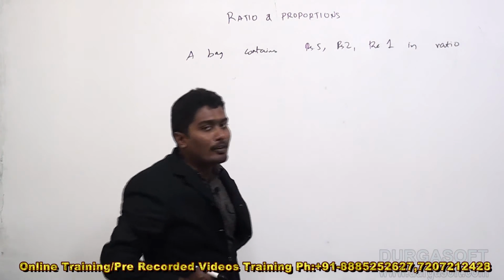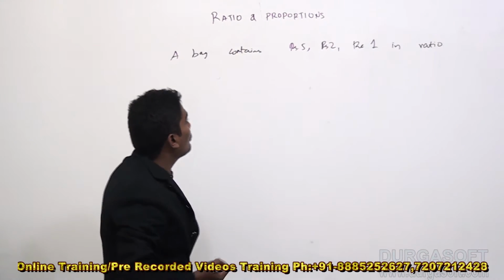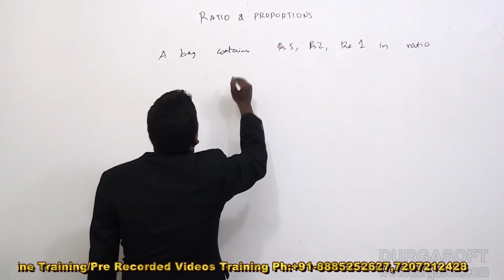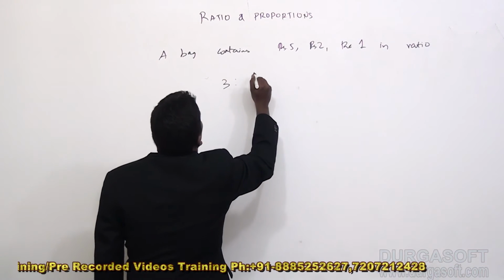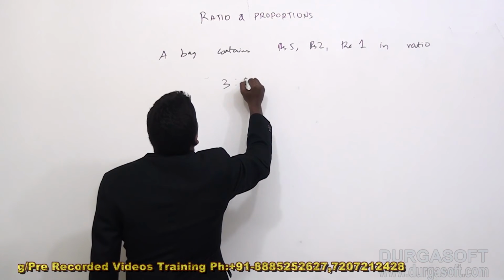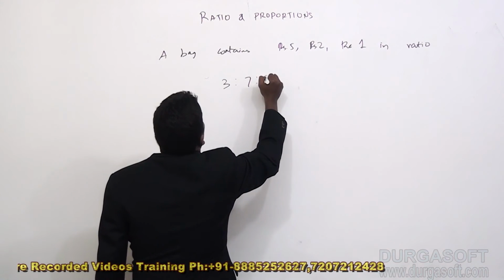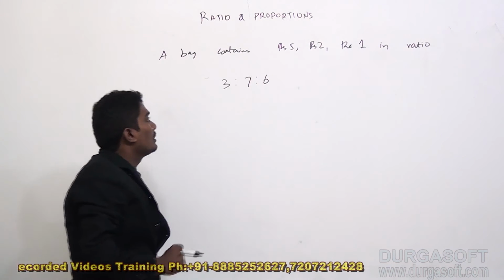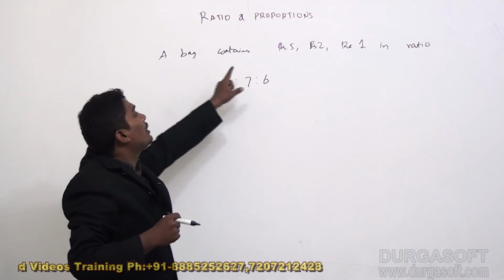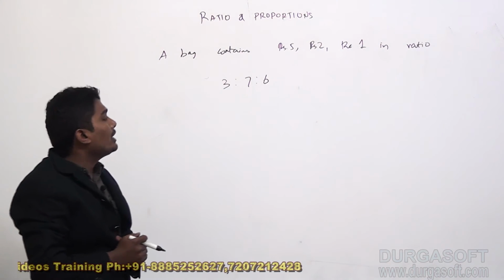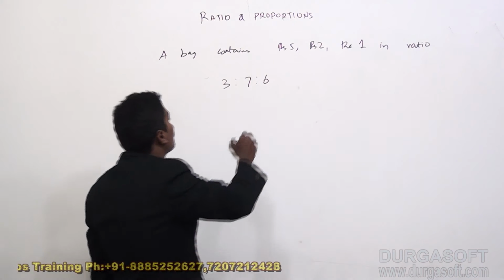A bag contains 5 rupee coins, 2 rupee coins and 1 rupee coin in the ratio 3:7:6.